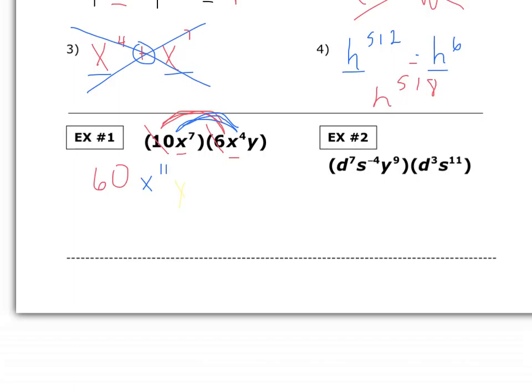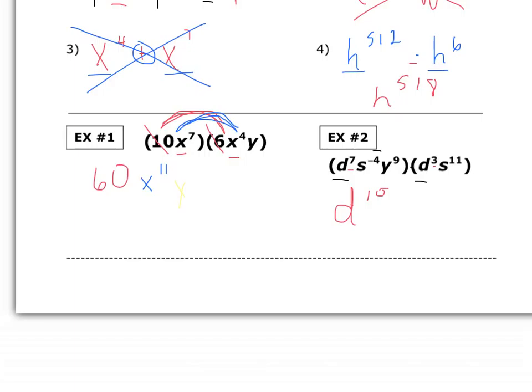Okay, let's look at example number 2. Okay, so we know these are multiplied. We have similar bases, so we can go ahead and add those exponents. Okay, so we know 7 plus 3 is 10, so we have d to the 10th. Then let's look at our s's.